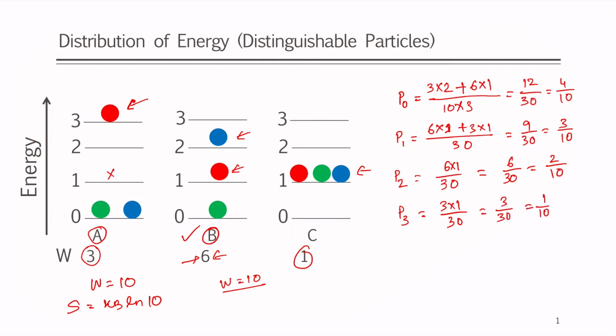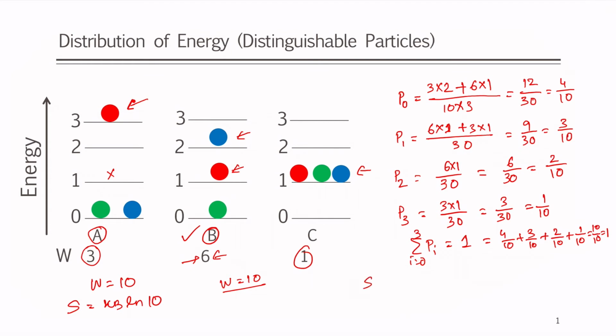Now the first thing to notice is that the sum over p_i, i going from 0 to 3, is equal to 1. As you can see, 4 by 10 plus 3 by 10 plus 2 by 10 plus 1 by 10 is equal to 10 by 10, or 1.